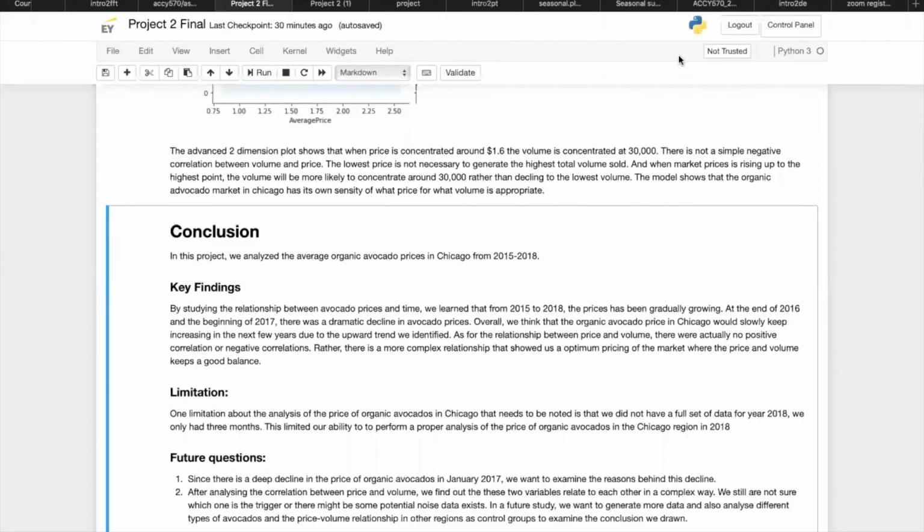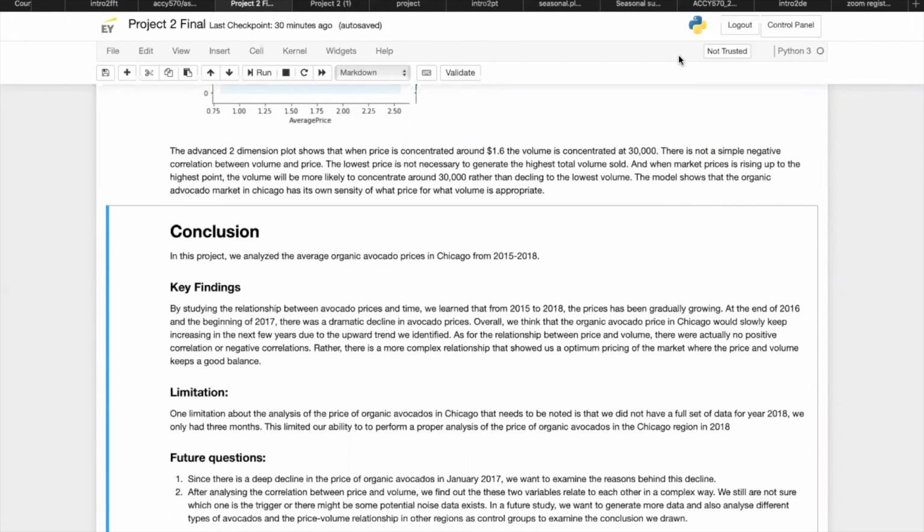So just to wrap up the project, we wanted to have a few concluding key findings. One of those is that by studying the relationship between the prices of the avocado and time, we learned that during 2015 to 2018, the prices have been gradually growing throughout the years, other than one little fall in 2017. Overall, we think that the organic avocado price in Chicago will steadily keep growing over the next few years due to the trend that we have identified.